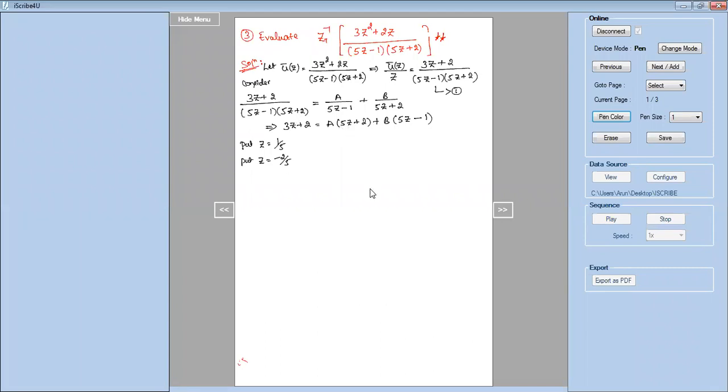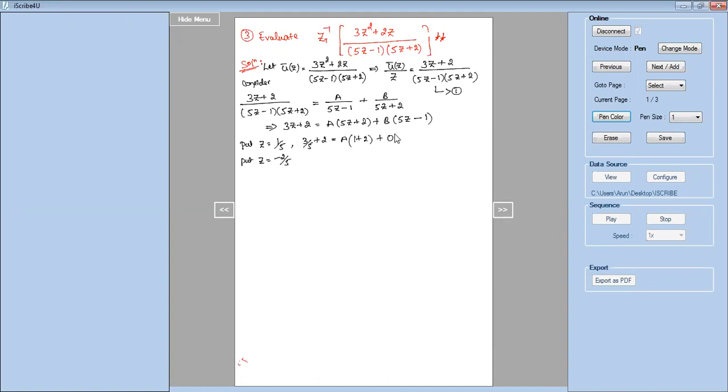First, if I put z = 1 by 5 in this equation, we get 3 into 1 by 5, that is 3 by 5, plus 2 equals the right hand side, A into (5 into 1 by 5), the 5 gets cancelled, it becomes 1, so 1 plus 2, whereas B becomes 0.